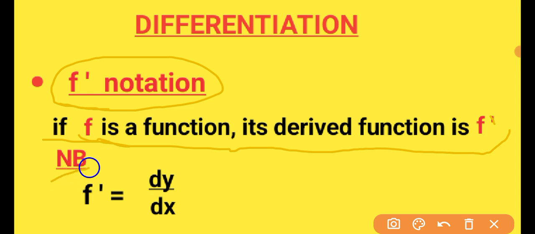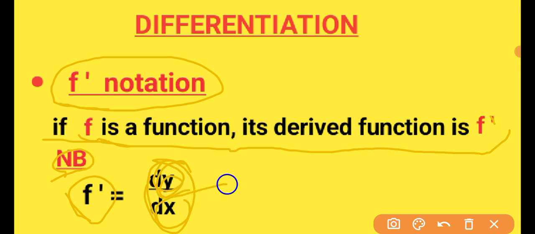And now when we come to our NB here, we denote it that f dash is the same as dy dx of a function. So in the previous lesson, we were looking at how we can differentiate y with respect to x. So when we're getting dy dx, we get the derivative.